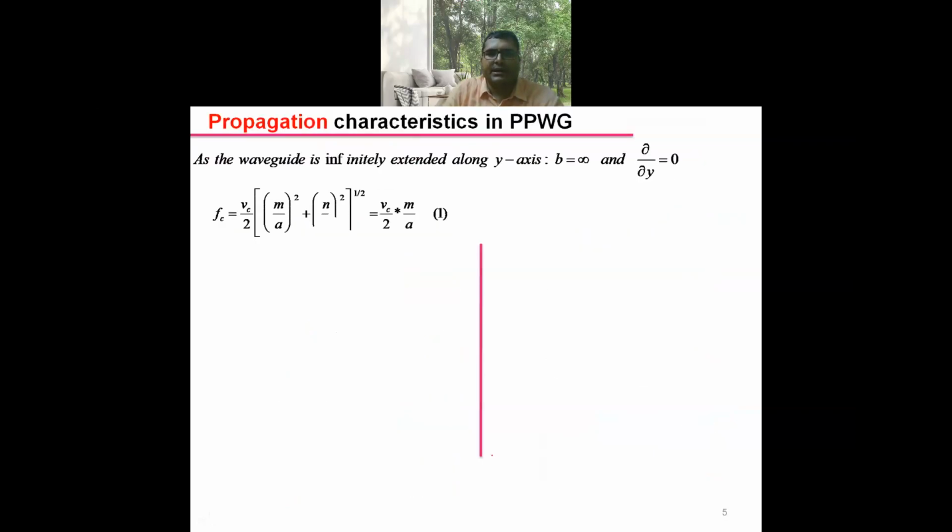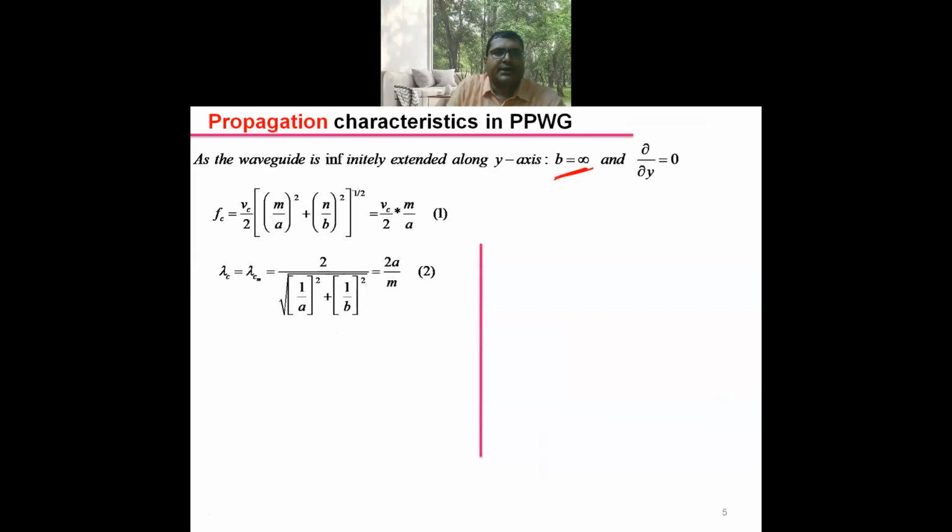The propagation characteristics in parallel plane waveguide. Substitute b equal to infinity in the propagation characteristics of the rectangular waveguide, and we get the propagation characteristics for the parallel plane waveguide. Fc is equal to Vc by 2 times the square root of (m by a) square plus (n by b) square.